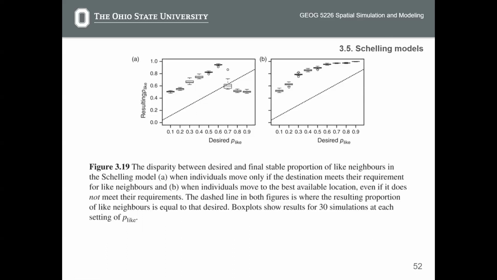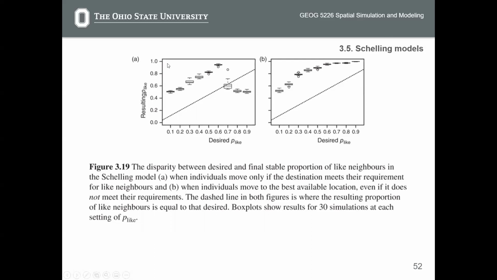Each individual only moves when the destination meets the desired p-like. On the other hand, figure B is not that strict compared to figure A. Each individual will move to a new location as long as it's the best available, which means that the p-like of the destination doesn't need to be equal to or even larger than the desired p-like.